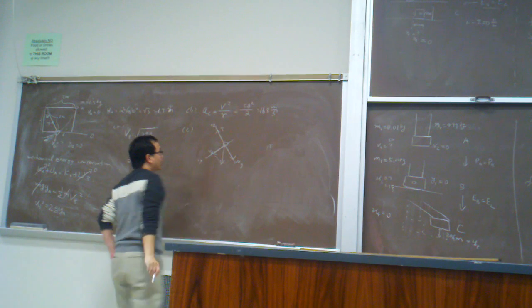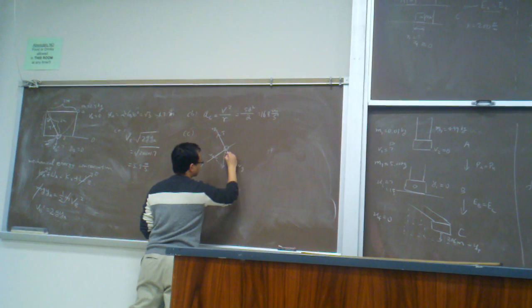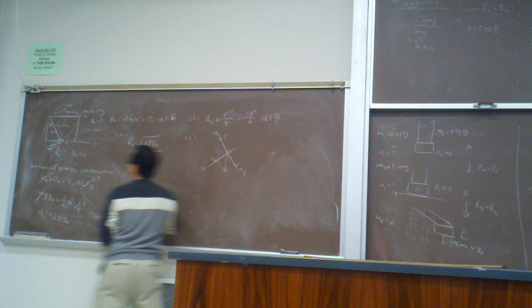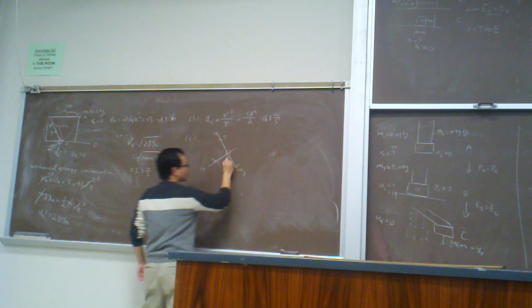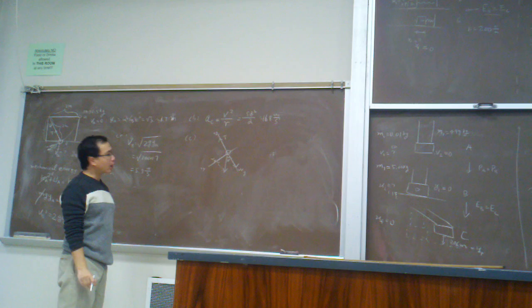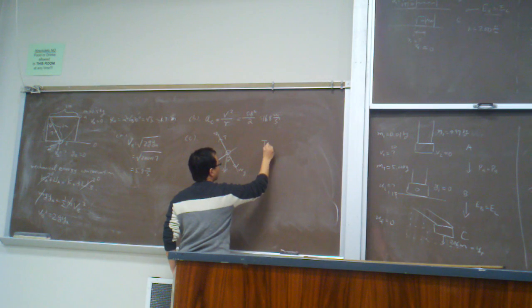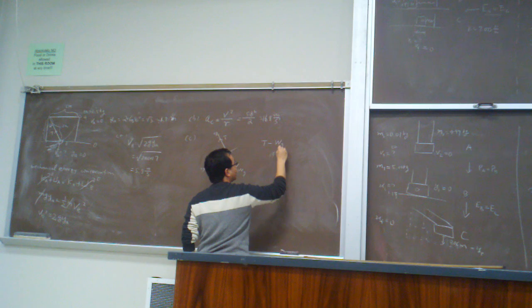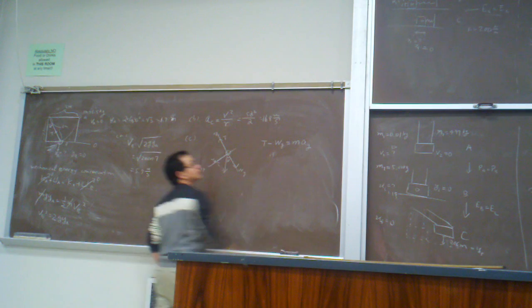This is T. So we will only need the equation along the y direction, right? Okay. This is 30 degrees, so this angle is 30 degrees. So our equation along the y direction should be T minus Wy equals may, right?